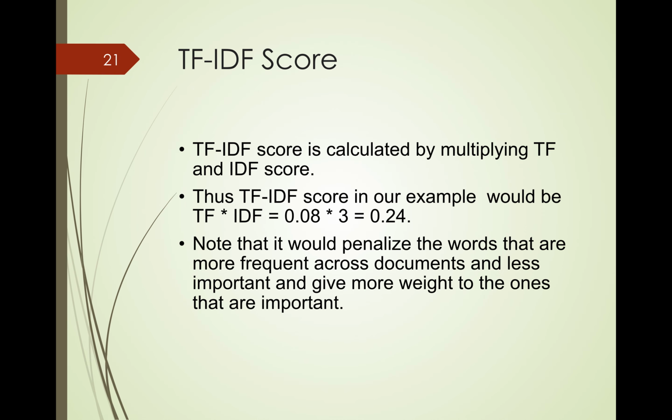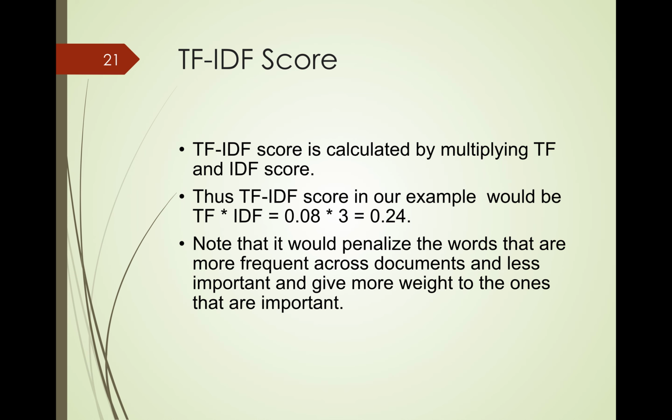We calculate the TF-IDF score by multiplying the TF score and the IDF score. In our example, that is 8%, 0.08 times 3, or 0.24. So although its term frequency is only 8%, we raise it to 24% because the word apple did not occur in all the documents.